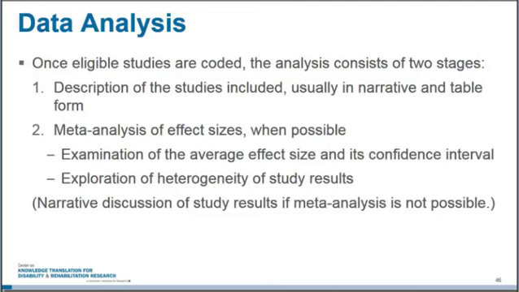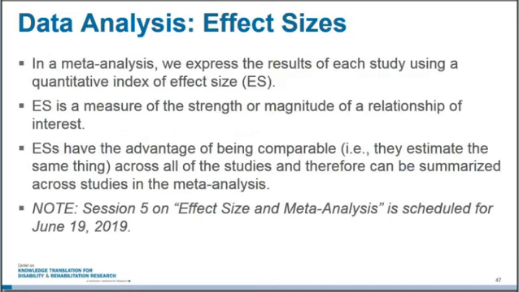As in any statistical analysis, that includes examining the average effect size and its confidence interval, and then also exploring how variable, how heterogeneous, those results are across studies. If it's not possible to do a meta-analysis because you only have one or two effect sizes, you would think about doing a narrative discussion of study results.